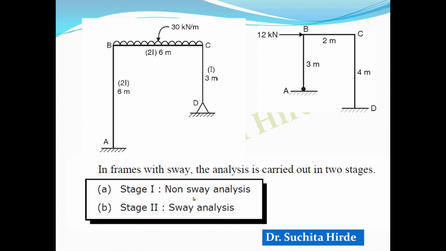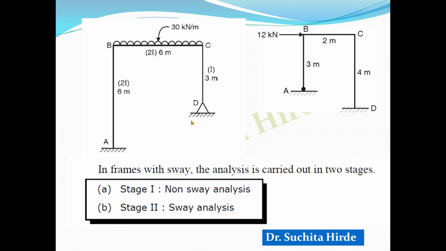Stage 1 is called non-sway analysis, and stage 2 is called sway analysis. Now first analysis we carry out for fixed end moment. So in this case, there will be fixed end moment due to this uniformly distributed load in member BC, for which we have to carry out stage 1 analysis. And stage 2 analysis is for arbitrary sway moment.